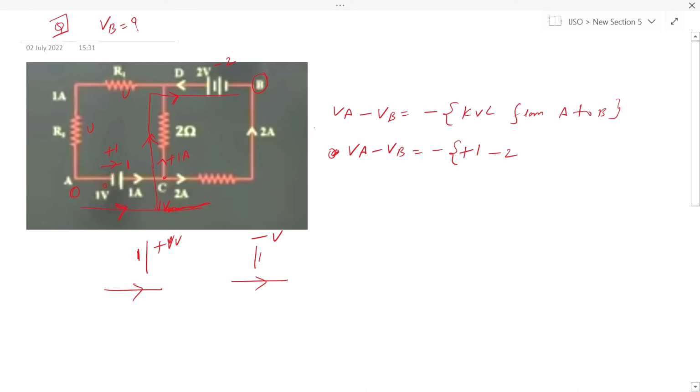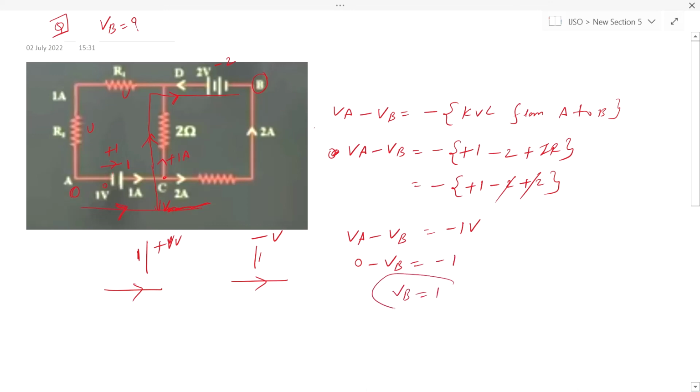Apply this ना, तो 1 into 2 कितना होगा? Plus IR. So it's minus two. +1 -2 +2, -1 volt. So VA minus VB equal to -1 volt. 0 minus VB equal to -1. VB equal to 1. Potential at B is 1 volt.